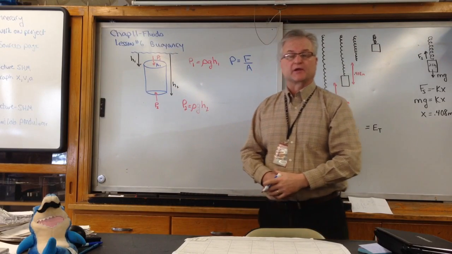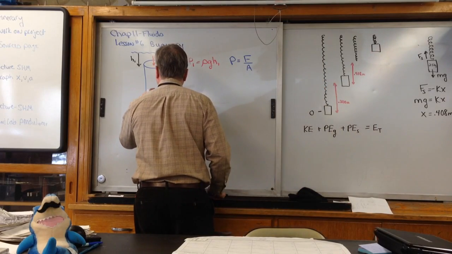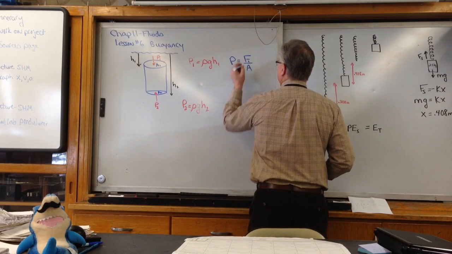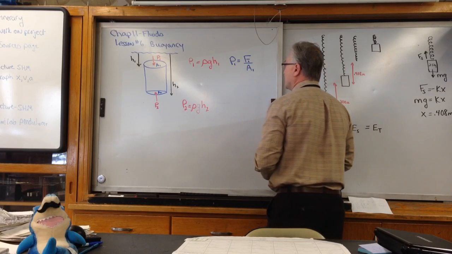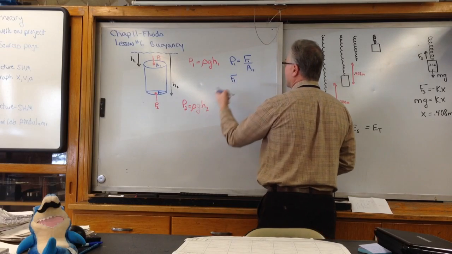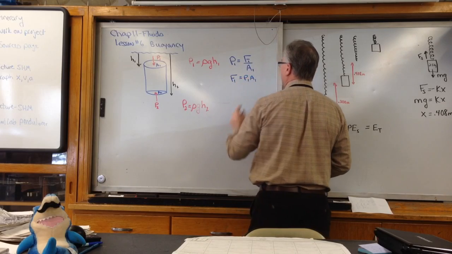That's where the pressure is being pressed on that top of the can. And at the bottom, we're going to call that one A2. So if we look here, the force on the top of the can we'll call F1. The pressure is P1, and then this is A1. So let's solve this for the force. The force on the top of the can, F1, is going to be equal to P1 times A1.